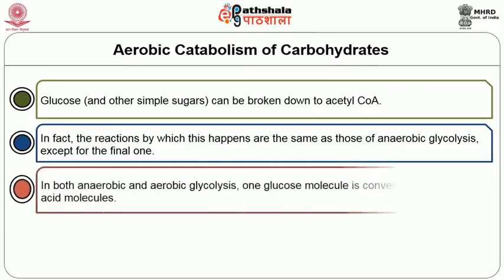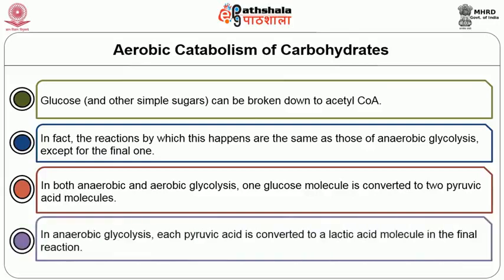In both anaerobic and aerobic glycolysis, one glucose molecule is converted to 2 pyruvic acid molecules. Incidentally, biochemists don't like the term aerobic glycolysis, but physiologists often use this term. In anaerobic glycolysis, each pyruvic acid is converted to a lactic acid molecule in the final reaction.